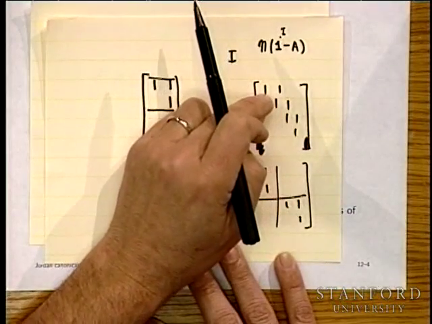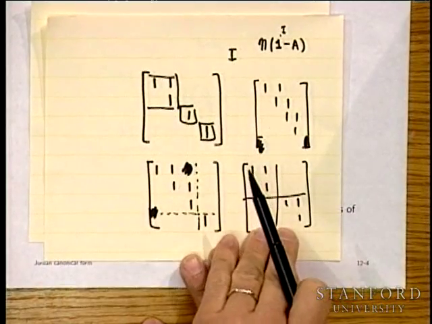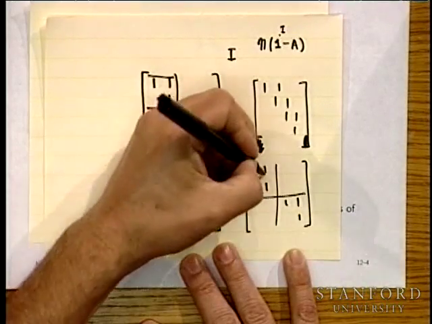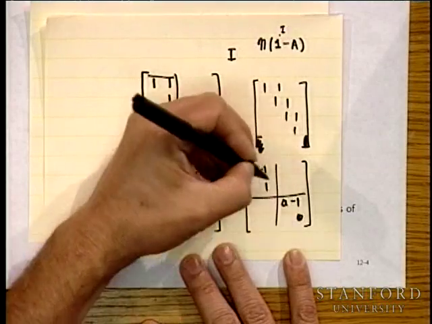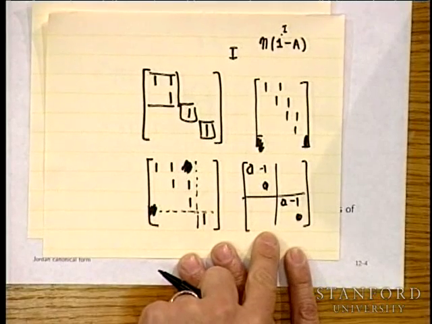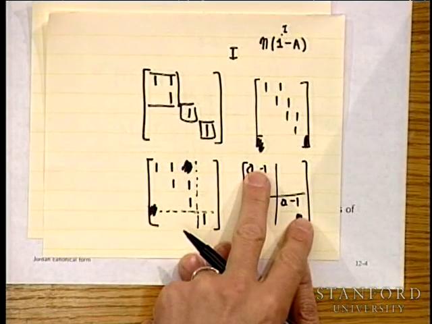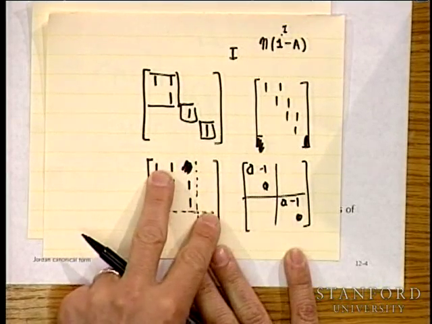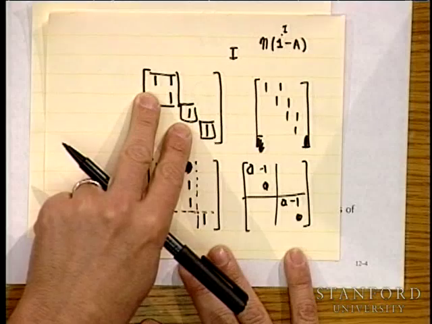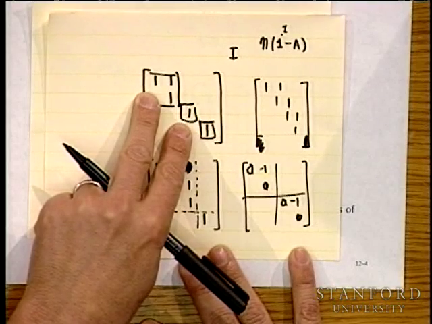There's one Jordan block. It makes perfect sense. In this case, if you take I minus this matrix, these become minus 1s and these become 0s. Then you ask, what is the dimension of the null space of that matrix? The answer is 2. There are 2 Jordan blocks. Same here. And in this one, the dimension of the null space is 3. Okay?